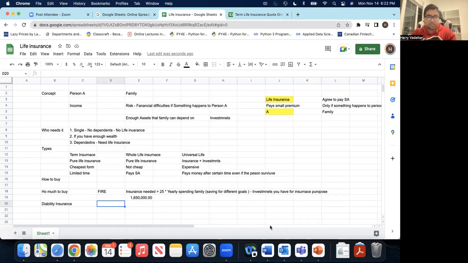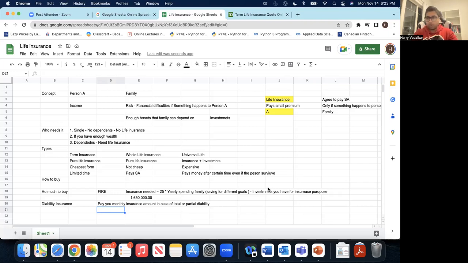So what is disability insurance? They pay you a monthly insurance amount in case of total or partial disability.